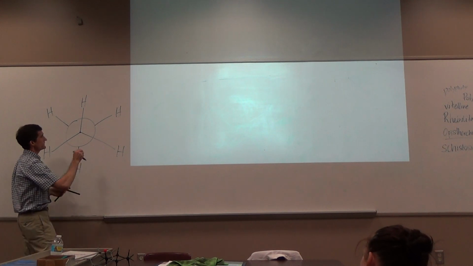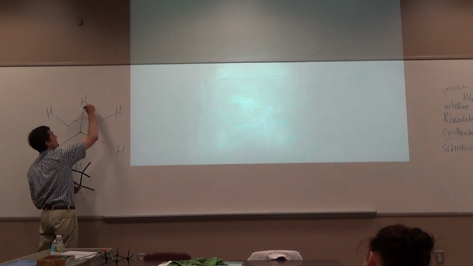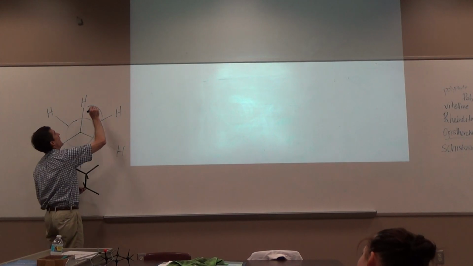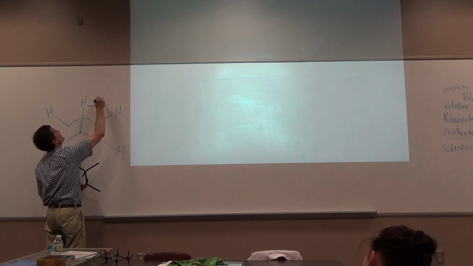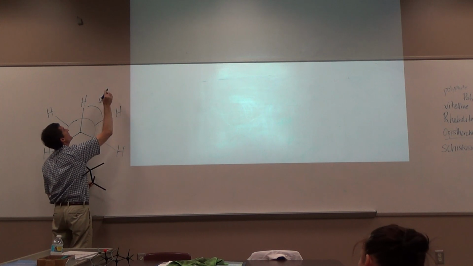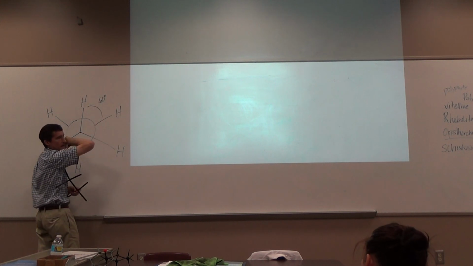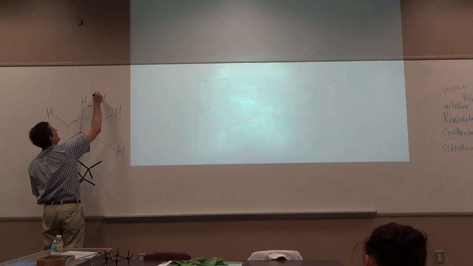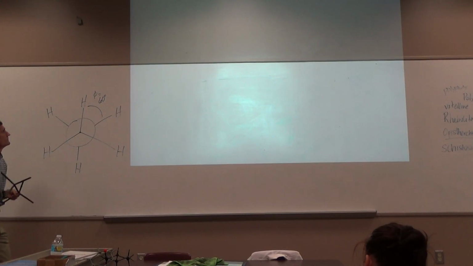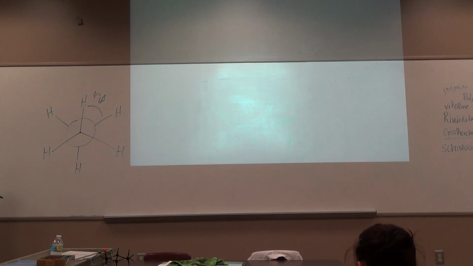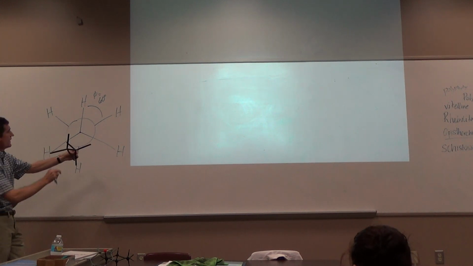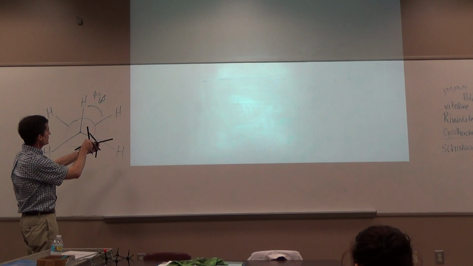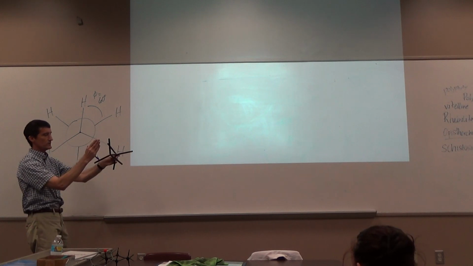We can see dihedral angles. What's the dihedral angle here? 60. That's a 60-degree dihedral angle. Basically it's the angle between two planes.